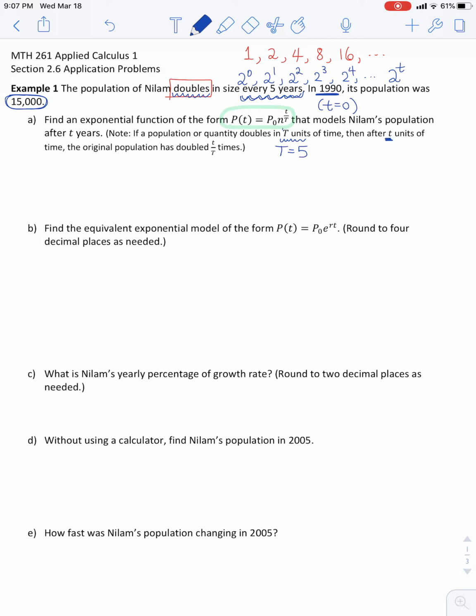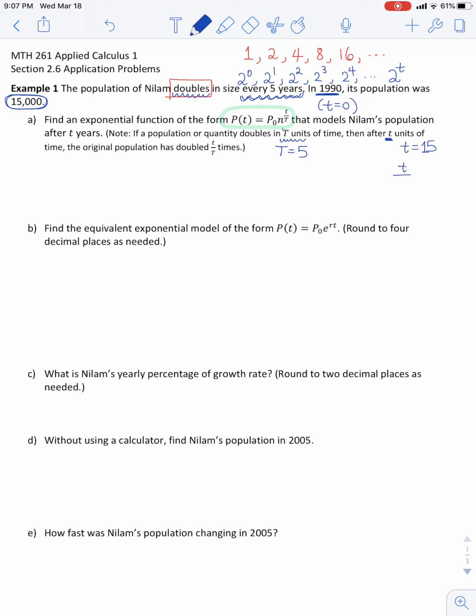Then after little t units of time, and that little t can be 1 year, 2 years, 3 years, that's our input, it's going to change. But what if little t is, I'm just making up a random number, 15 years? Then how many times did our population double?